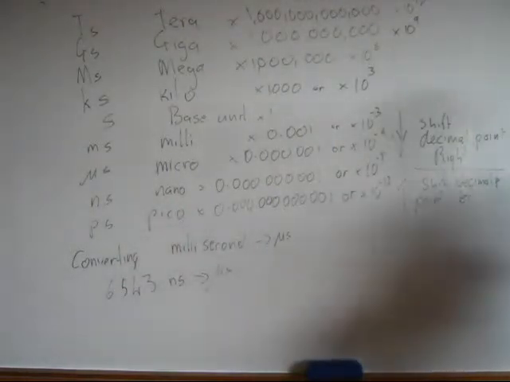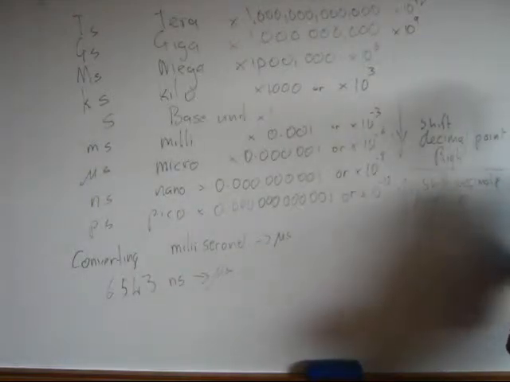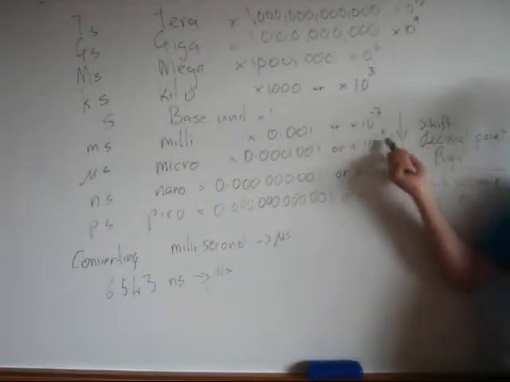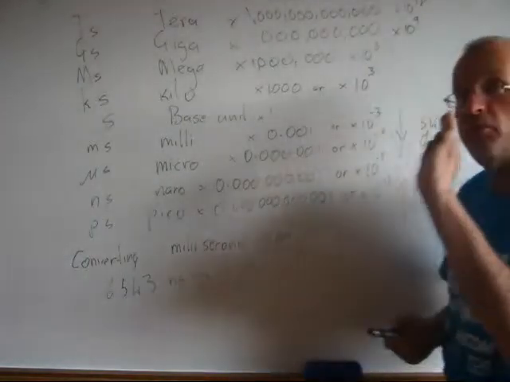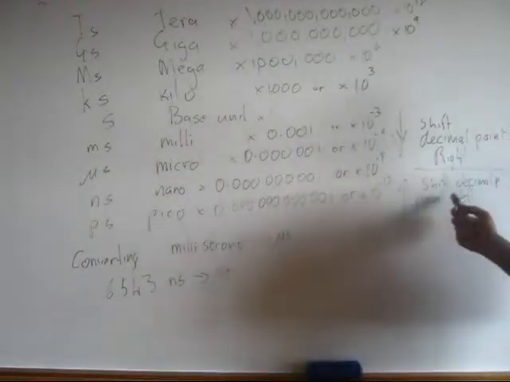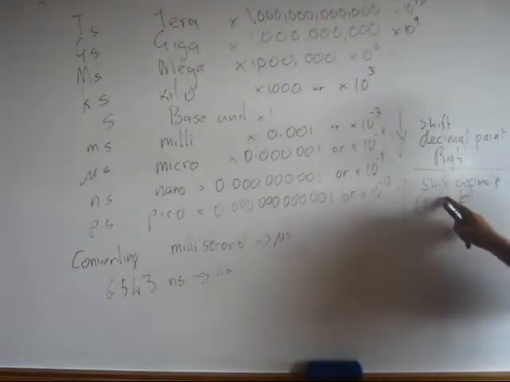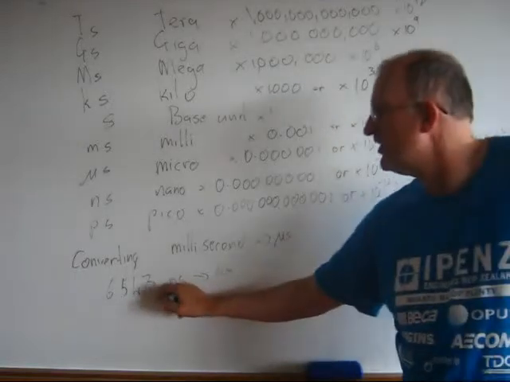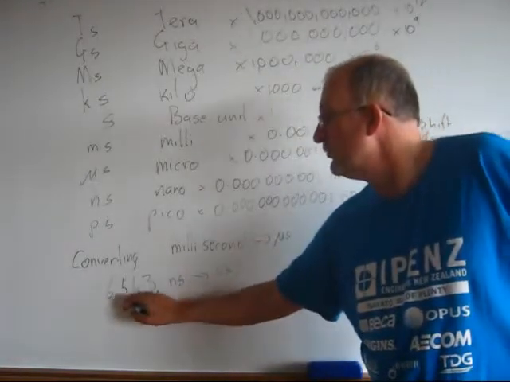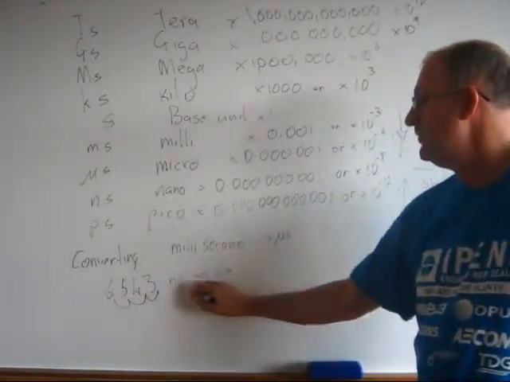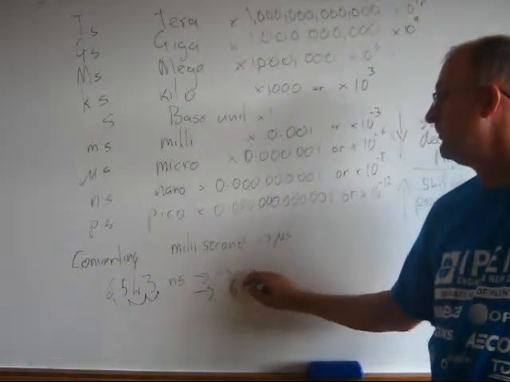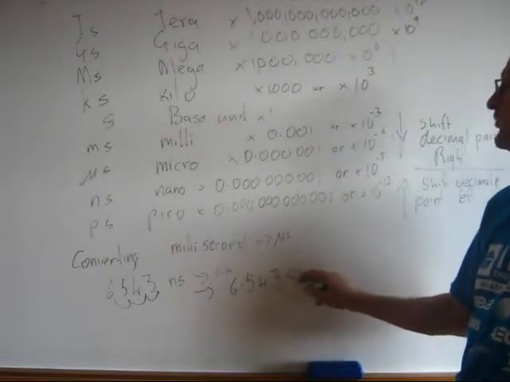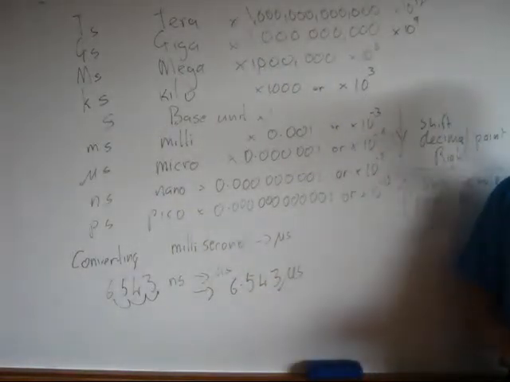So, what's the difference? It's negative 9 to negative 6. That means we're shifting it 3 places. It also says, because we're going up the graph, we're going to shift it to the left. So the decimal point starts there. So it goes 1, 2, 3. So that's equal to 6.543 microseconds.